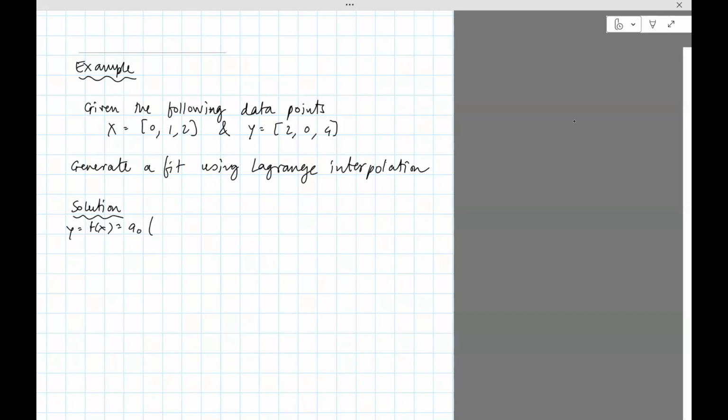Okay, let's do it. So x minus 1, x minus 2, I took these two. Then we have a1, x minus, I take 0 and 2. So x minus 0, x minus 2, plus a2, x minus 0, x minus 1.